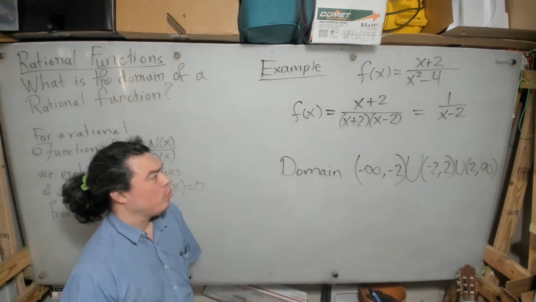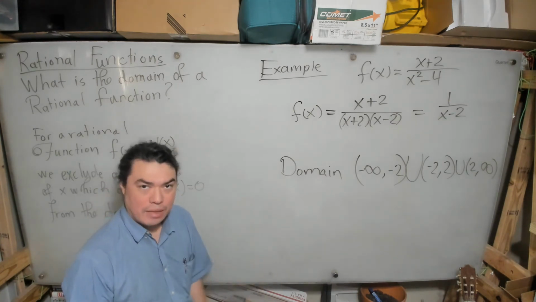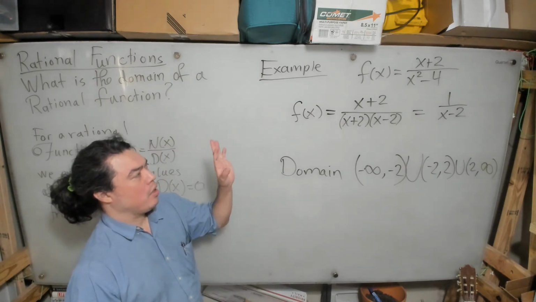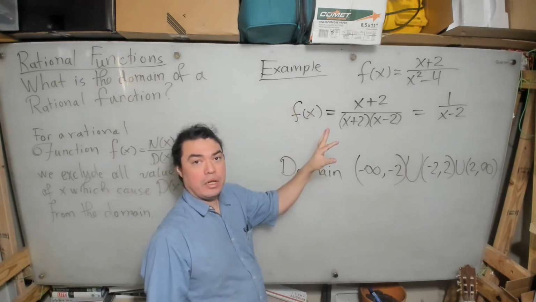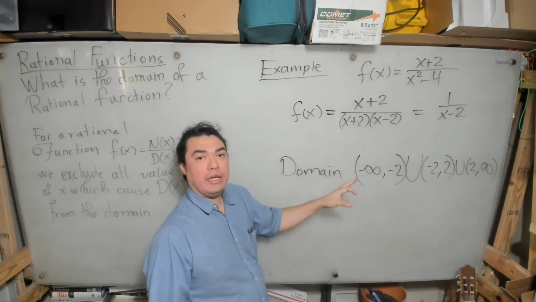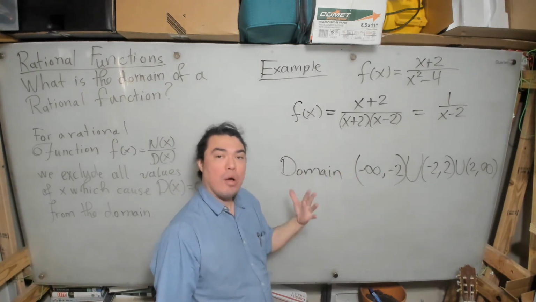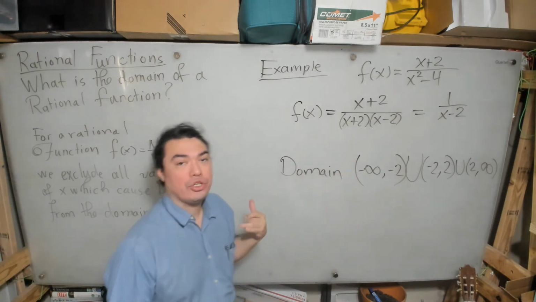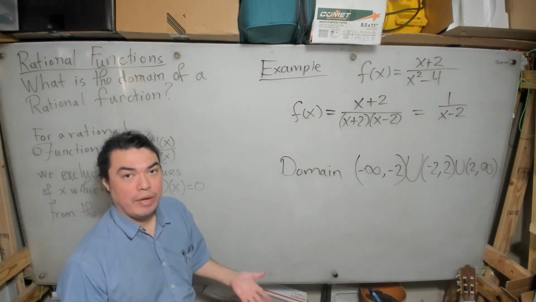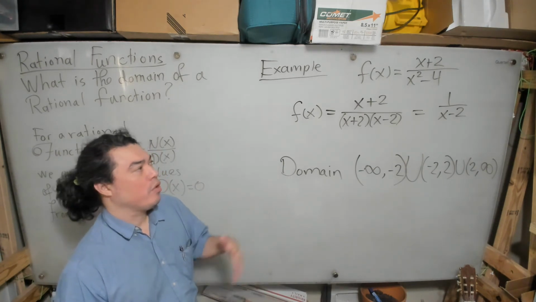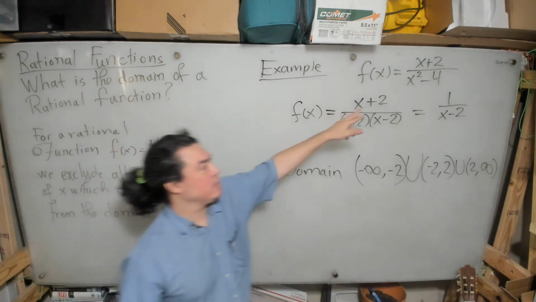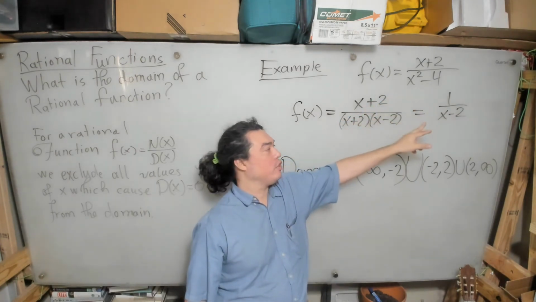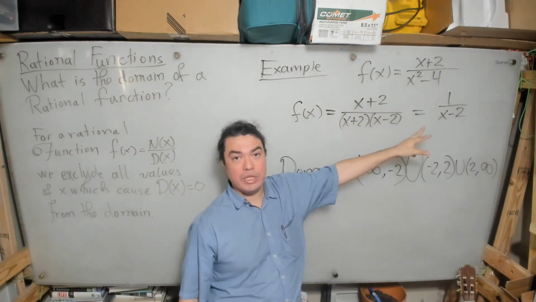We saw that the interesting thing about this example was that the rational function could be rewritten, and that in its rewriting it could be simplified, and that complicated the question of what we consider our d of x for the purpose of finding the domain. The question being whether it was the original d of x, in our case x squared minus 4, or whether it was the new d of x, x minus 2 in the simplified form.